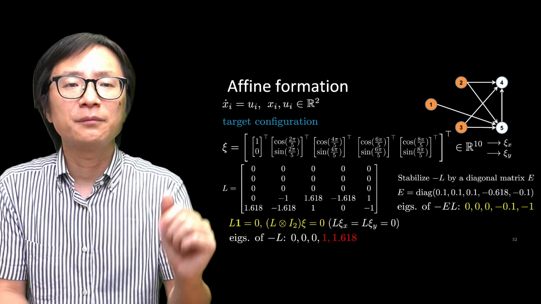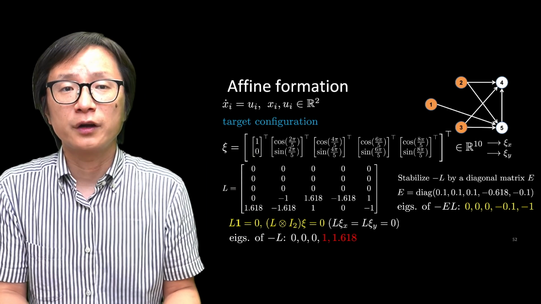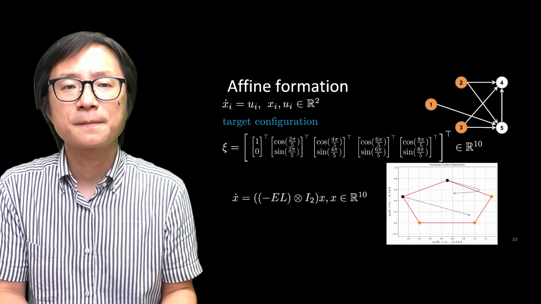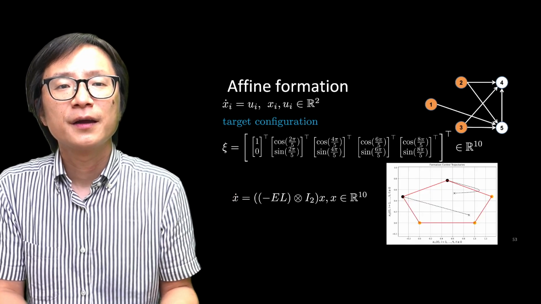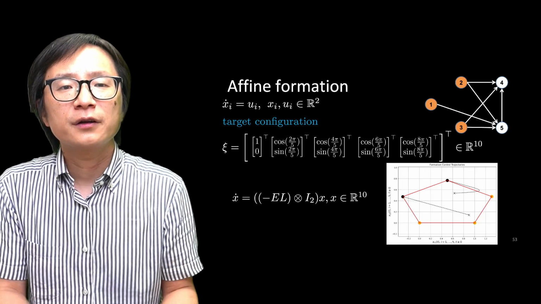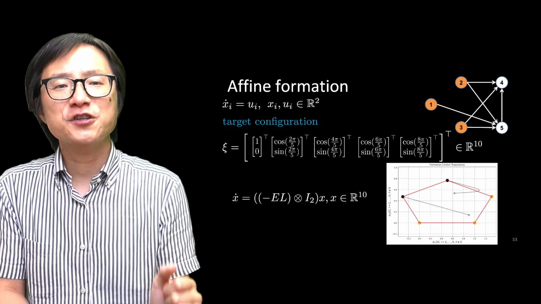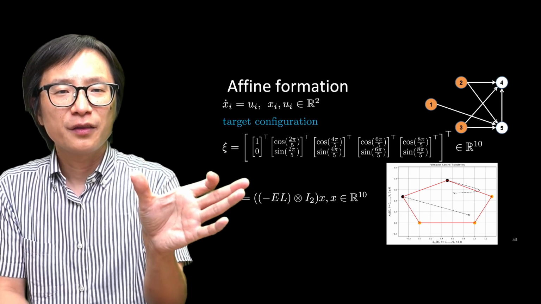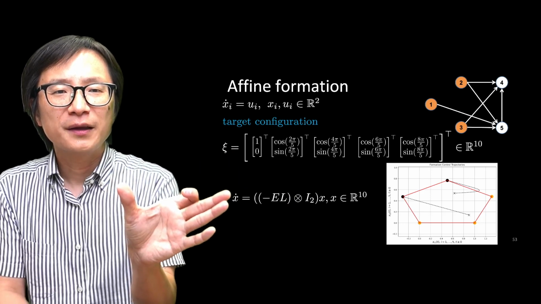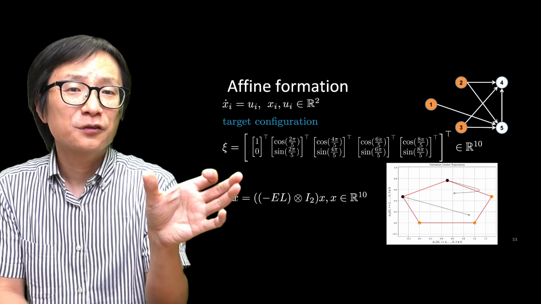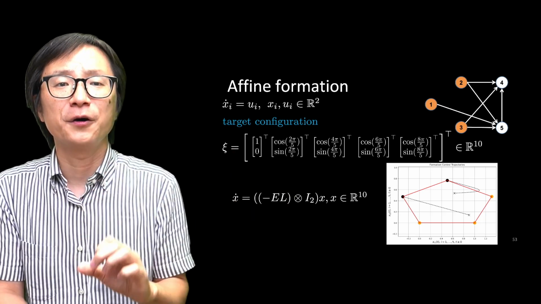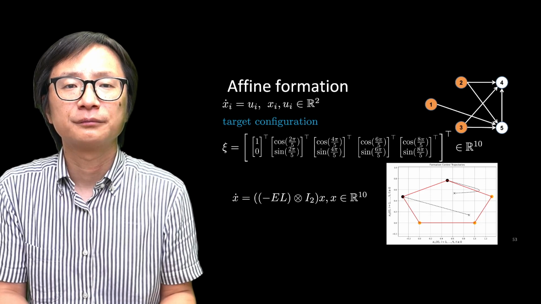So with this pattern of eigenvalues, we should expect an affine formation. Indeed, we have it. Starting from a given initial condition, the agents converge to a 5-gon shape. In this case, the horizontal scaling ratio is larger than the vertical scaling ratio.